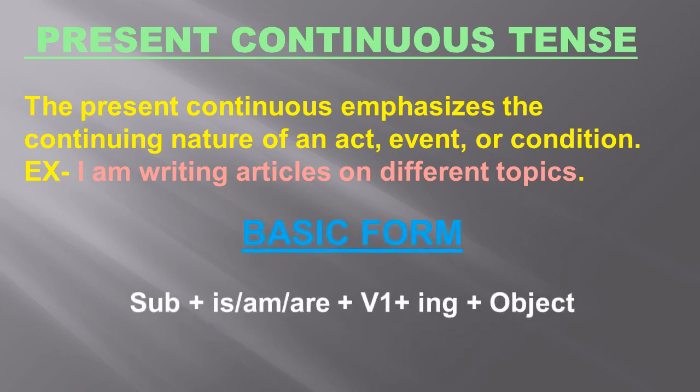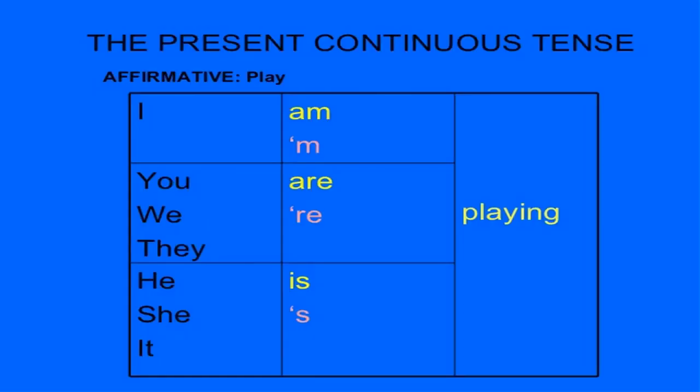Its basic form is subject plus auxiliaries. Which auxiliaries? Is, am, are, plus first form of the verb plus ing plus object. So this is the basic form of present continuous tense. Now here we have used auxiliaries is, am, are. Now is will be used with singular subjects, am will be used with I only, and are is used with plural subjects.